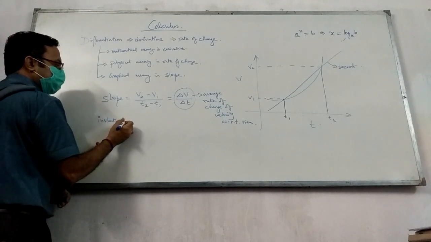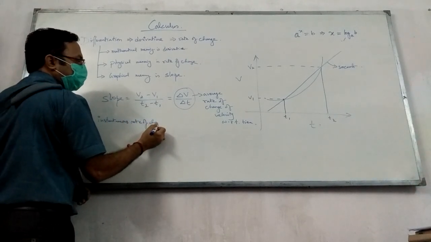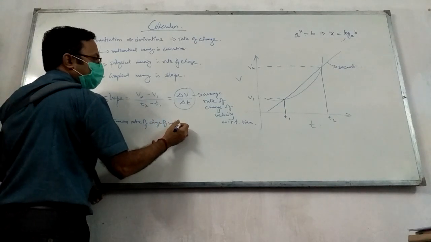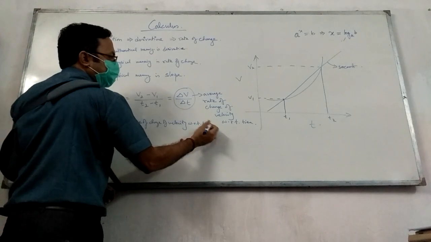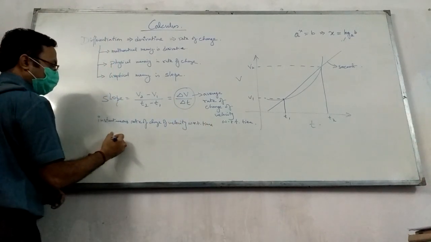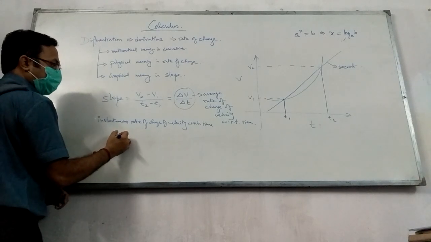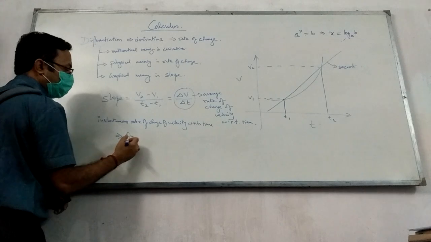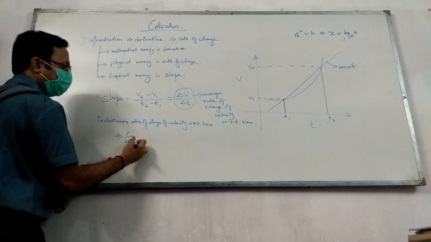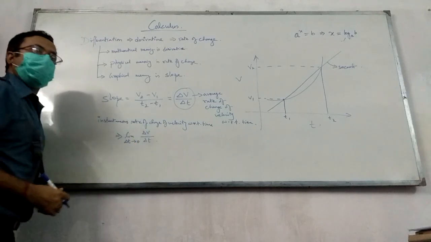Now, do you remember what is the instantaneous rate of change of velocity with respect to time? It is given by the limit of delta t approaching 0 of delta v by delta t.